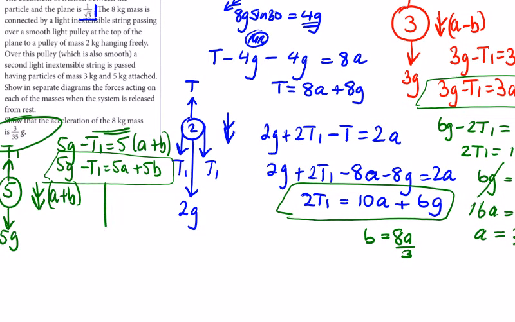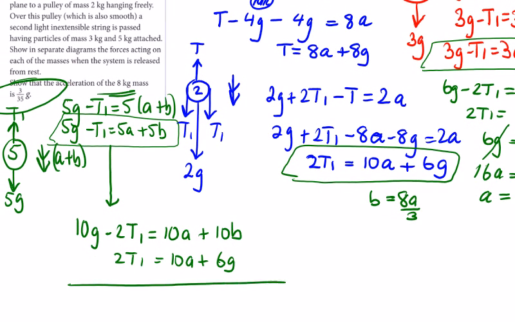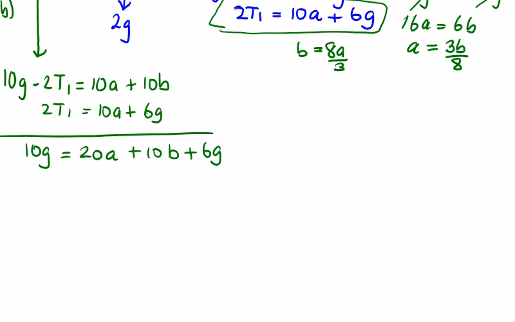So if I multiply this one by 2, I'm going to get 10g minus 2T1 is equal to 10a plus 10b, and I have 2T1 is equal to 10a plus 6g. So I'm going to get 10g is equal to 20a plus 10b plus 6g. So I'm going to get 4g is equal to 20a plus 10b.